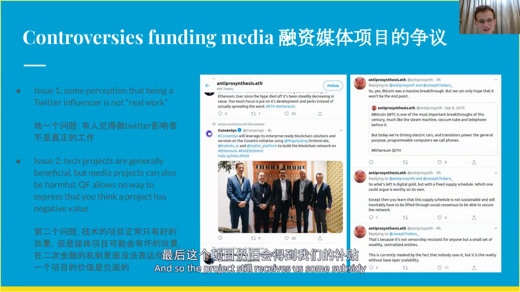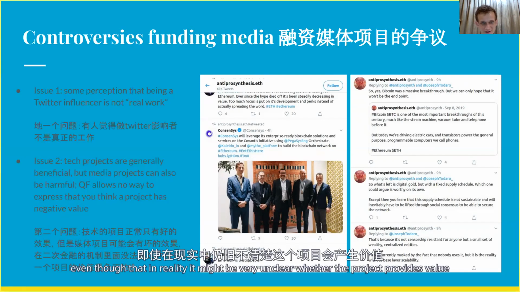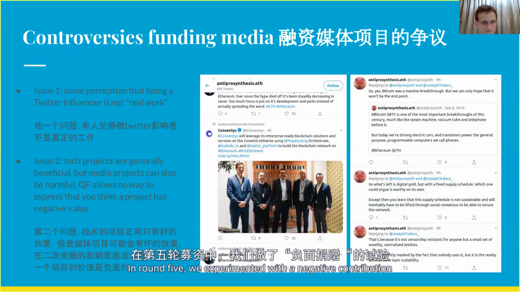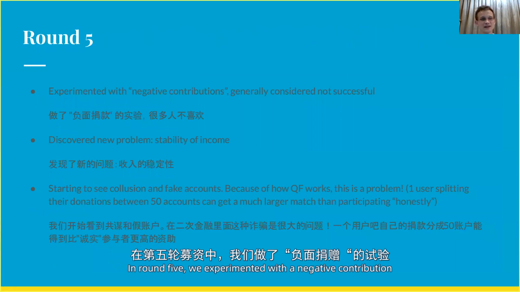And so the project still receives some subsidy, even though in reality it might be very unclear whether the project provides value or whether it just makes a lot of people angry. So in round 5, we experimented with negative contributions.